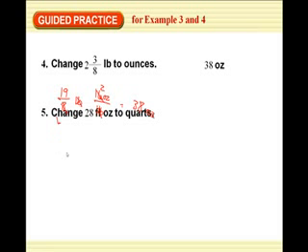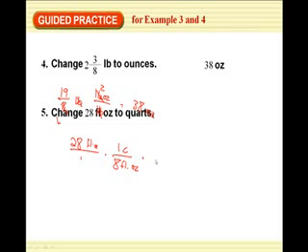Change 28 fluid ounces to quarts. 28 fluid ounces. 1 cup has 8 fluid ounces. So I got to multiply those. I'm going to change them to cups. And then I'm changing to quarts.